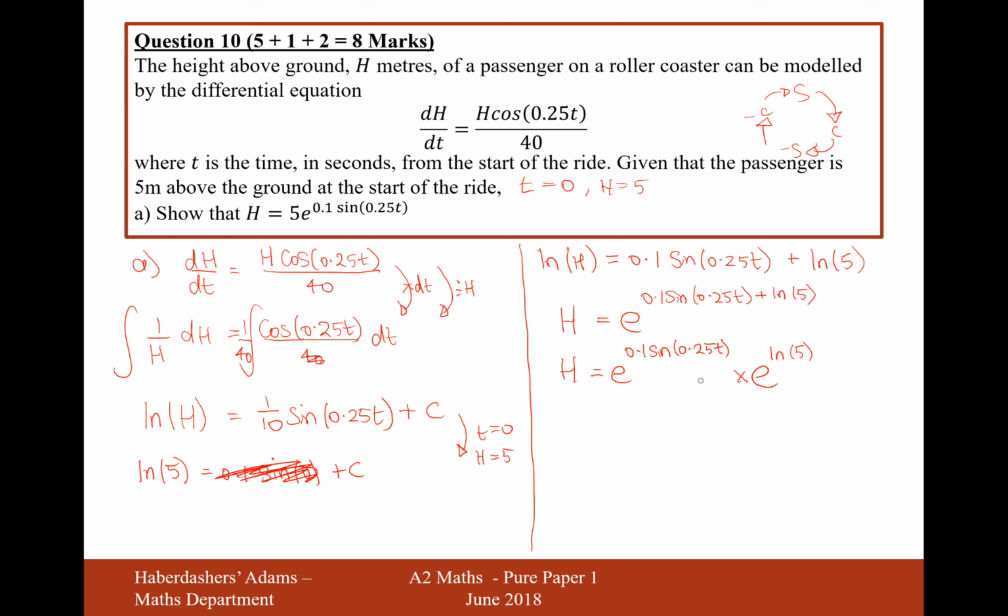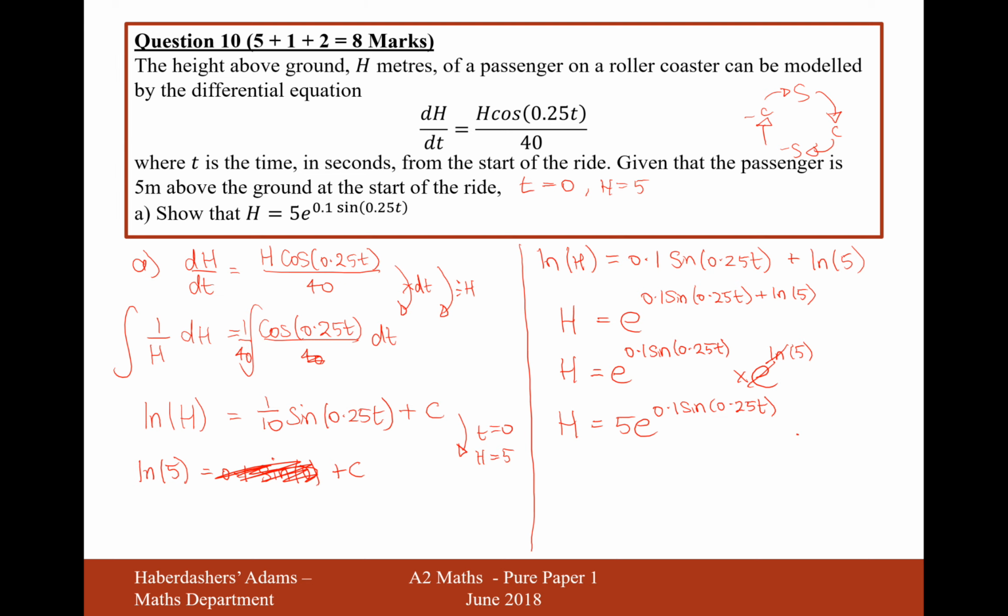Remember that when we times indices with the same base we add the indices. This is just the reverse of that rule. And whenever you have e of a ln, you can just cancel those two out effectively. They're inverse functions of each other. So it's 5e to the 0.1 sine 0.25t. So there we are. That's how we answer part A there.